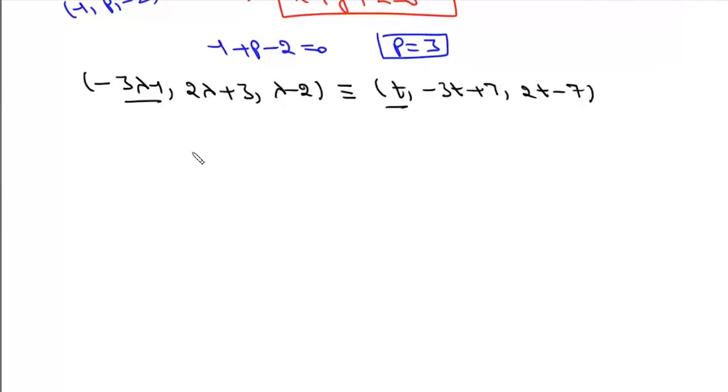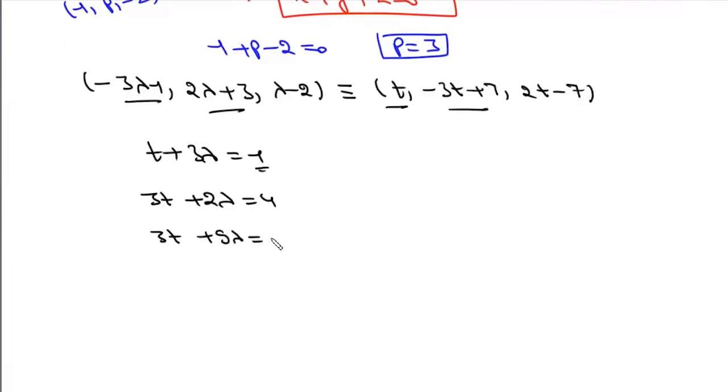Now from this first one we'll get t plus 3 lambda equals minus 1. From this second one we can write 3t plus 2 lambda equals 4. Now we'll multiply this first one with 3. So we'll write 3t plus 9 lambda will be equal to minus 3. Now we subtract second from first.